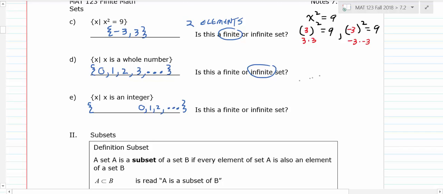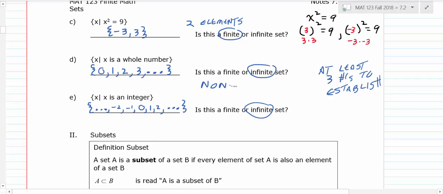So, I mean, you want to use at least 3 numbers to establish the pattern. Just kind of as a rule of thumb. Sometimes that's not enough, but it's good enough in this case. But we're also going to go to the negatives. -1, -2, and then we do the 3 dots that way. Okay, again, that's an infinite set because you can't count this. So we would say these 2 sets are non-countable sets because they have an infinite number of elements.